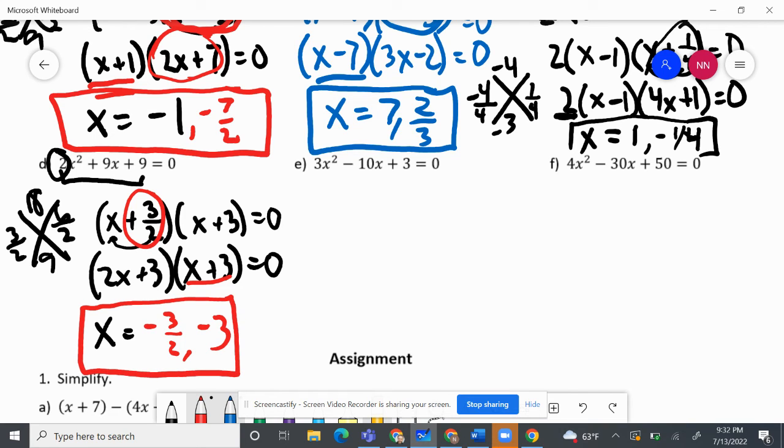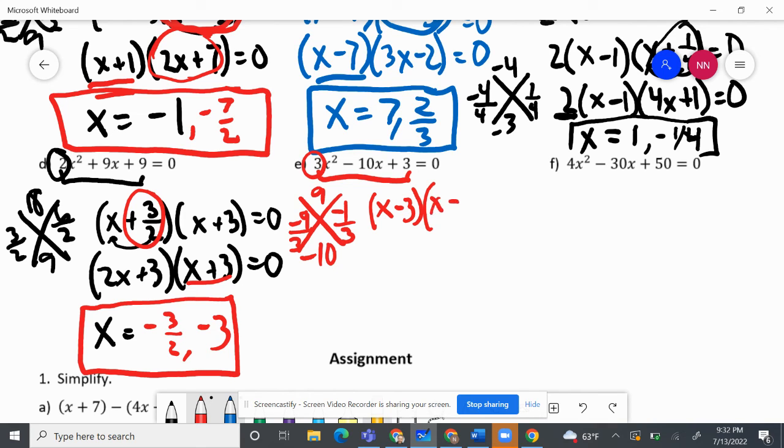Now for letter E, once again, multiply the 3 and the 3, and that gives us 9. So two numbers that multiply together to give us 9 and add up to negative 10 are negative 9 and negative 1. Because of the leading coefficient, we divide each of those by 3. So we have x minus 3, and we have x minus 1/3 is equal to 0.